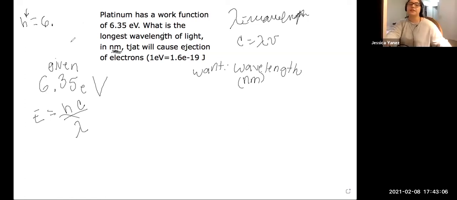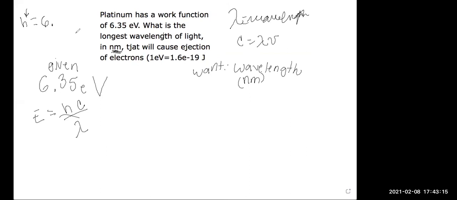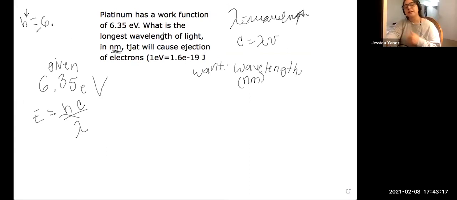Planck's constant is a given number. It's kind of like the mole: Avogadro's number is 6.022 times whatever, and that's a constant throughout. The same thing with Planck's constant. It has a number associated with it. So what is that number?